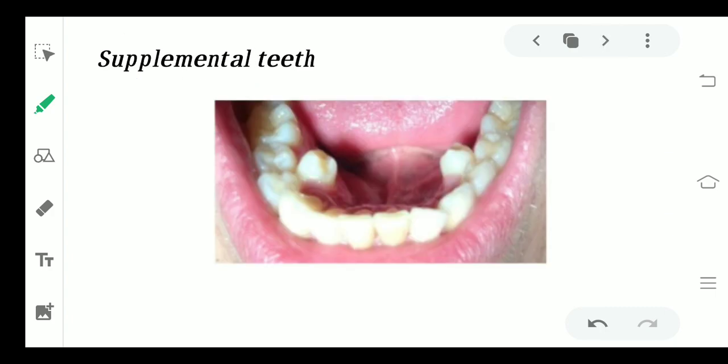The next one we have is the supplemental teeth. The name itself is telling you supplement, extra, okay. So whenever you have extra tooth structure or duplication of the teeth in the normal series, then it is said to be supplemental teeth. Now supplemental teeth have a characteristic feature. It is very rarely going to be on a single side.